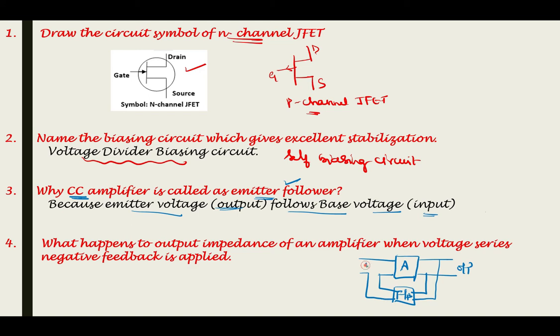This is the series part, that is, series at the input. When I want to tap voltage, it is parallel. When two resistors are connected in parallel, you know very well the resultant will decrease. So it is asked about output impedance, hence it decreases.